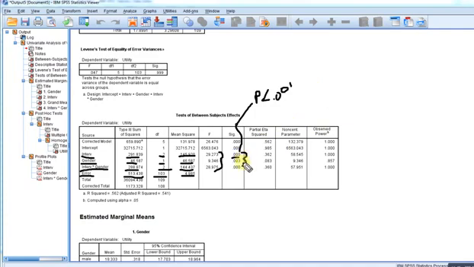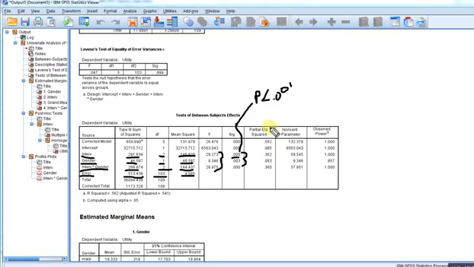At any rate, if we assume an alpha level of 0.05, then all three effects are statistically significant. There's a significant main effect for intervention, a significant main effect for gender, and a significant interaction effect of intervention by gender.